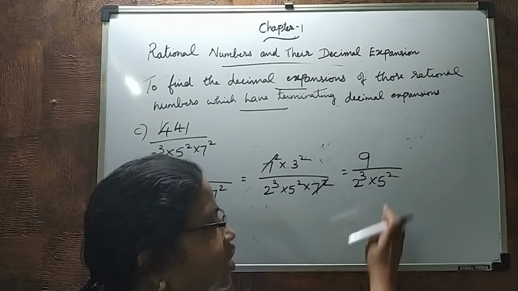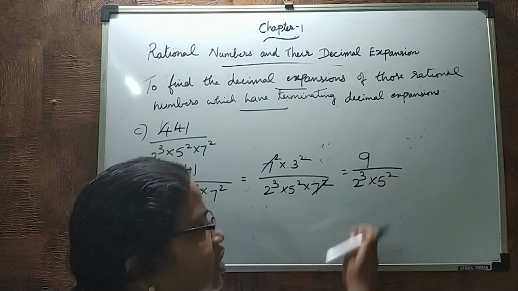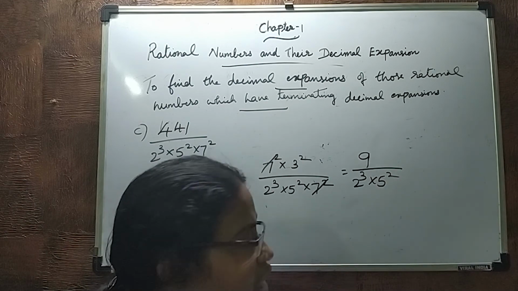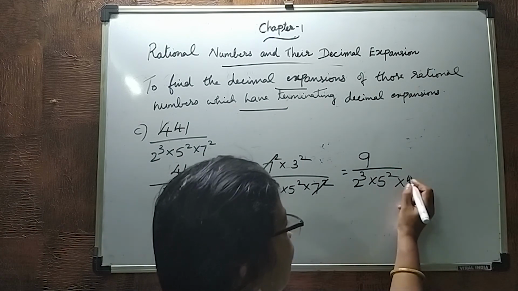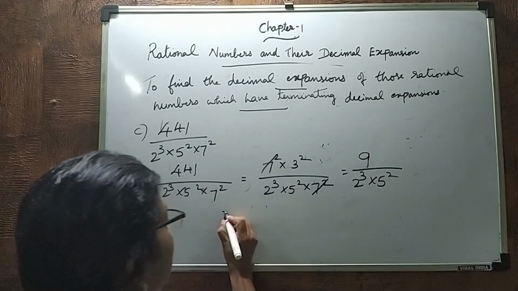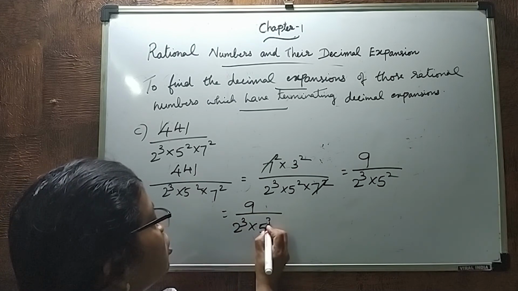So 5 also make it as the exponent 3. Highest is 3. So how will you do? Here already 2 is there. 2 plus 1 it will be 3. So it will be into 5. So in the next step we will write it better. So it will be 9 divided by 2 raised to 3 into 5 raised to 2.